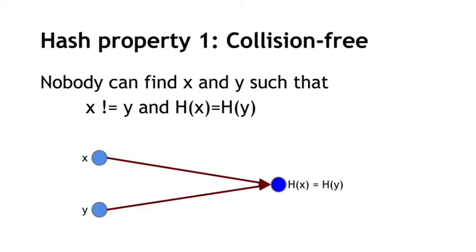One thing to note is that the collision cannot be found, not that it doesn't exist. Collisions do exist because of the infinite number of inputs, but only a limited number of outputs. The key is, are they findable by regular people with a regular computer?